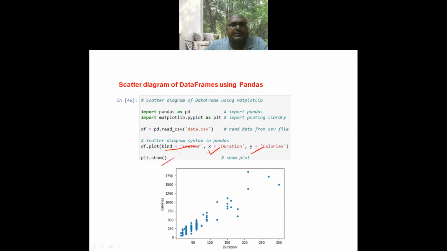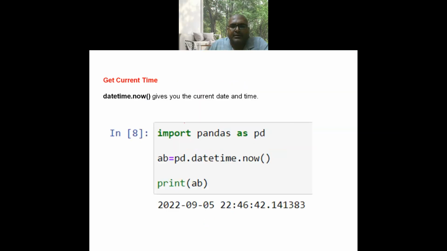Then with the help of a simple plt.show it will display the plot, and with the help of the datetime.now method you can print the current date and time. Just go through the syntax and observe the output.